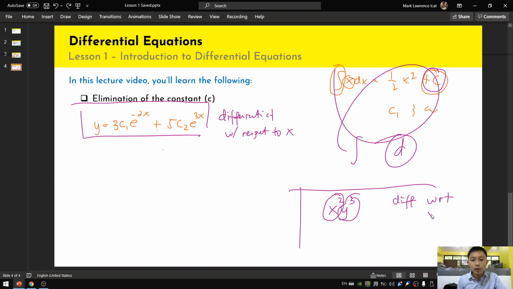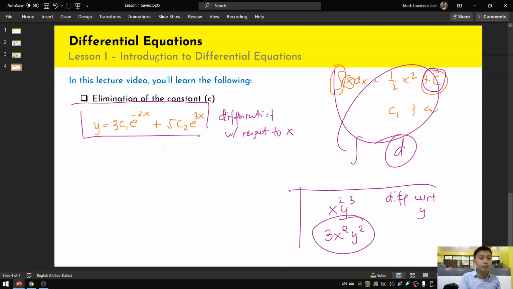How about when we say, sir, x squared y cubed differentiate with respect to y. Now, when you say differentiate with respect to y, ang papansin nyo lang ay yung y cubed, leaving x squared as a constant. So you will have 3x squared y squared. So that is if you're going to differentiate the function with respect to y.